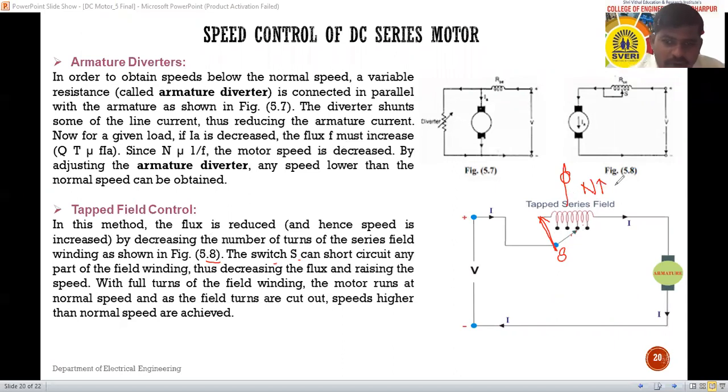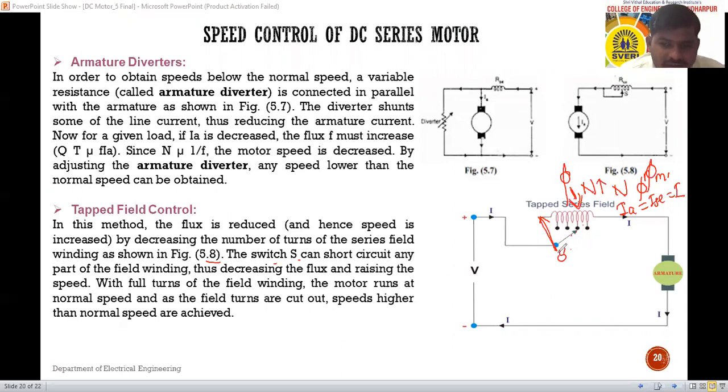So the number of turns increases, and the total current flowing is Ia equals Isc equals I, so the current remains the same, and the field winding is maximum, so the flux production is maximum. If the flux production is maximum, then the speed of the motor is reduced or may be minimum. Okay, so it will be like this.